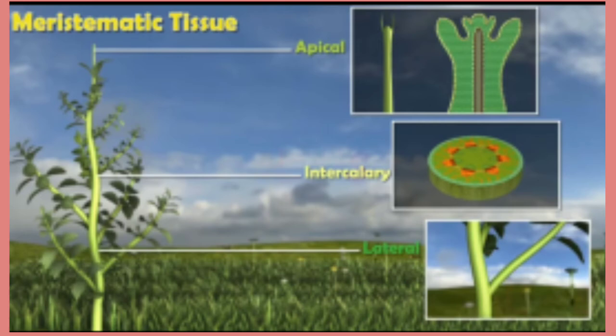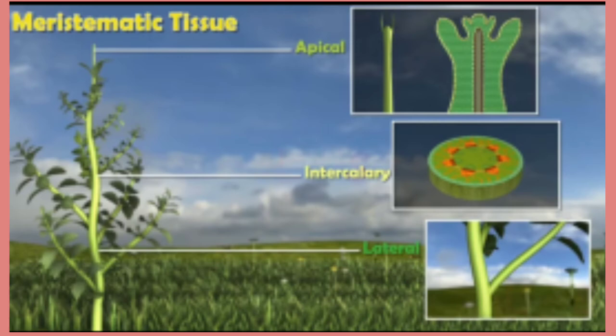Intercalary meristem. They are present at the base of the petiole and leaves and also of the branches. Their function is growth of branches, formation of leaves and flowers. The third type, lateral meristem.